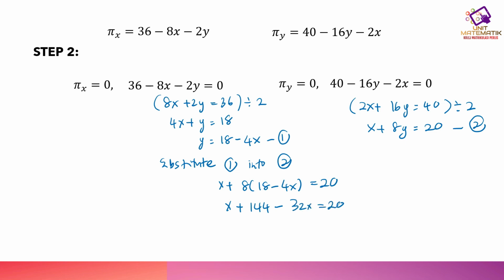So you will get x equals 4. Substitute x equals 4 into the first equation. y equals 18 minus 4x, so 18 minus 4 times 4 equals 2.